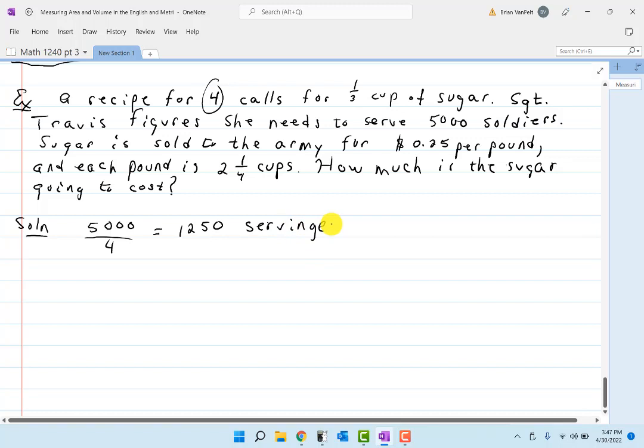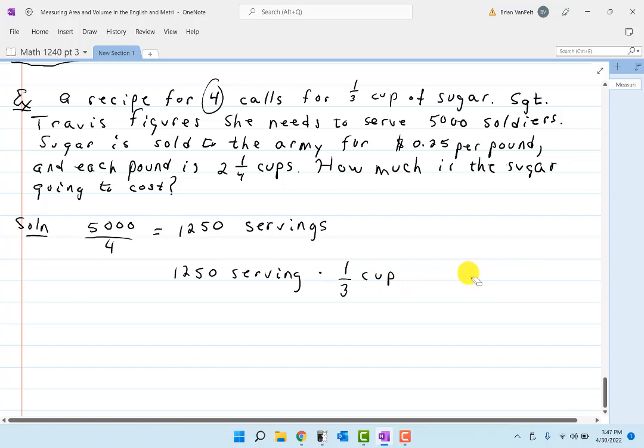And each of those servings called for 1/3 cup of sugar. So I can take my 1,250 servings and multiply it by 1/3 cup per serving.